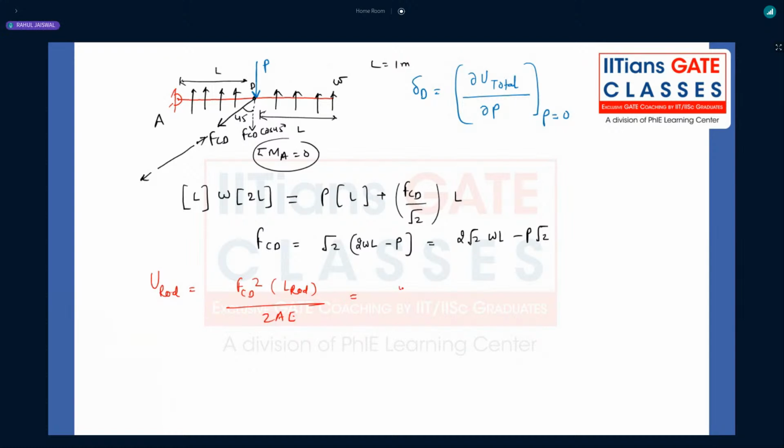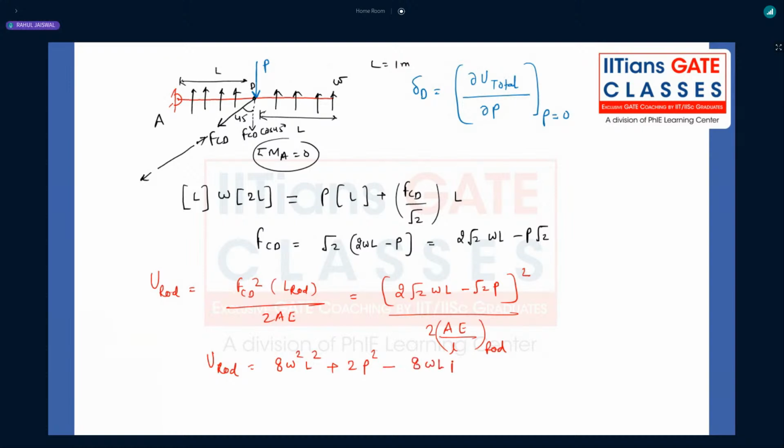What is F_CD square? It is (2 root 2 W L minus 2 root 2 P) whole square divided by 2 AE by L, that is for the rod, right? So when you do the squaring, that is 8 W square L square plus 2P square minus 8 WLP, divided by 2 AE by L.